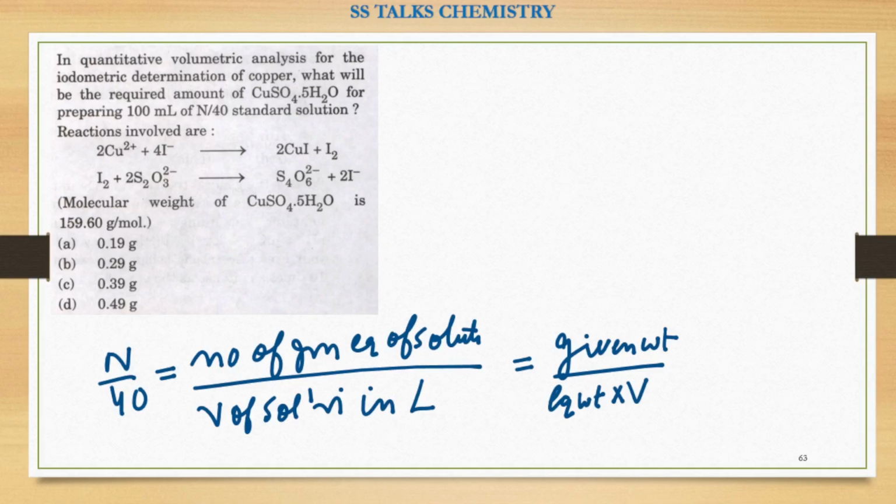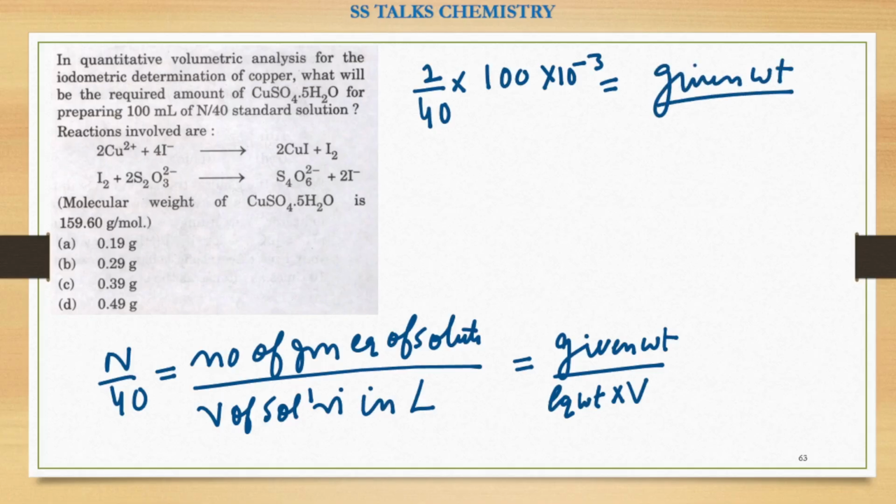So just substitute these values and you will be getting the given weight value. So we are having now N by 40, which means 1 by 40. Now the volume of the solution is given to us to be 100 ml, that you can take into liters. This will give you the number of gram equivalents, which is given weight upon the equivalent weight.